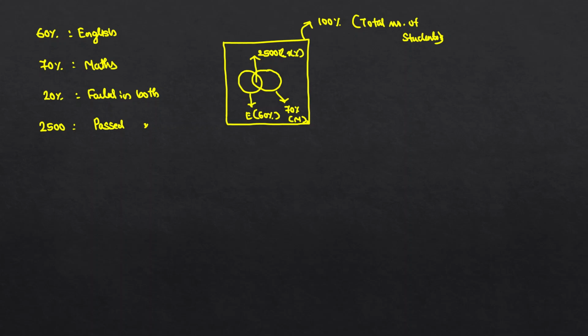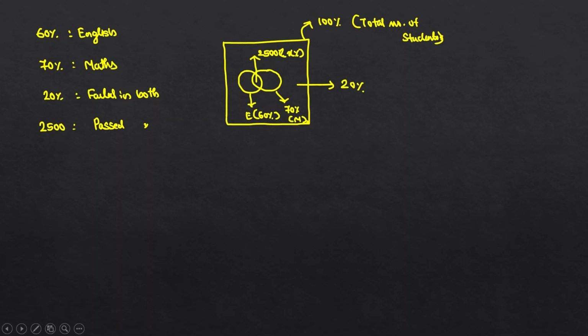What is outside these two circles? Outside the English circle are the students who failed in English, and outside the mathematics circle are the students who failed in mathematics. So outside both circles is the percentage of students who failed in both maths and English. Clear? So it is equal to 20%.